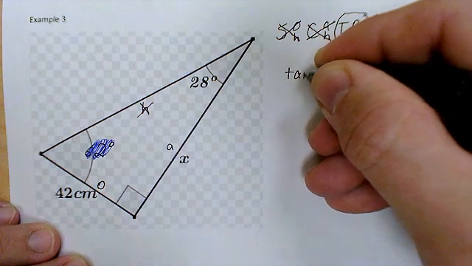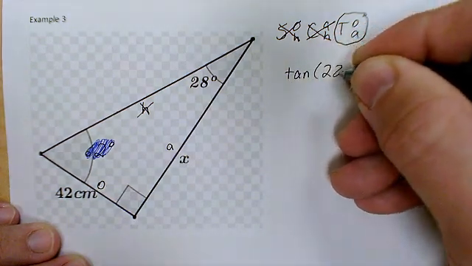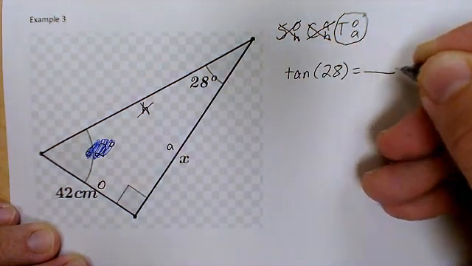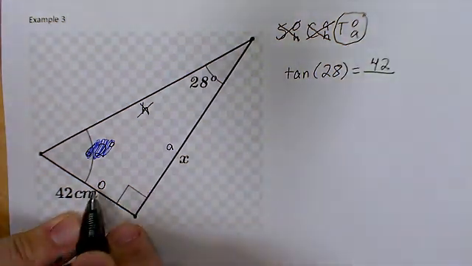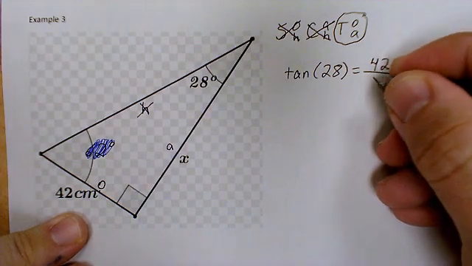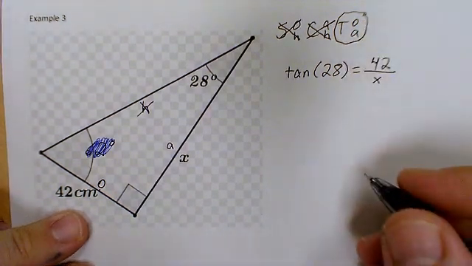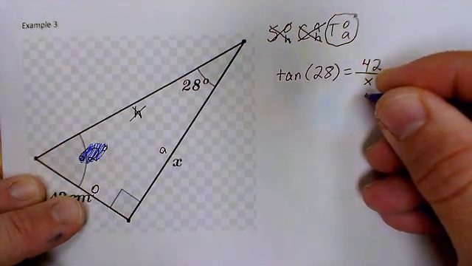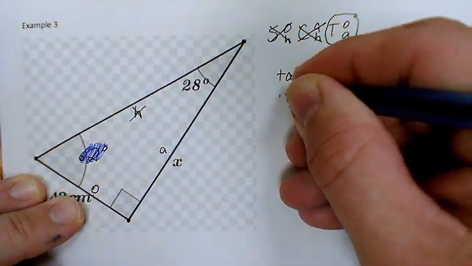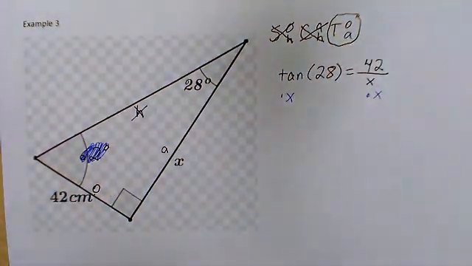So the tangent of 28 degrees will equal 42, which is opposite, over x, which is adjacent. Opposite over adjacent. Now I'm going to solve for x. Now in this problem I can't multiply by the 42. What I have to do is multiply by x first on both sides.